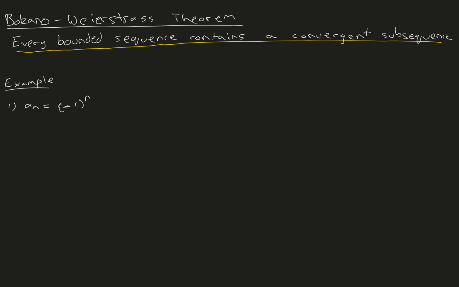Let's look at how we can use the Bolzano-Weierstrass theorem to show that a sequence contains a convergent subsequence. Consider the sequence a_n = (-1)^n. The terms of this sequence are just 1, -1, 1, -1, 1, -1. Graphically it looks more or less like this: it oscillates between 1 and -1.